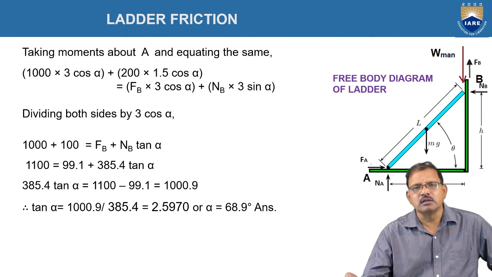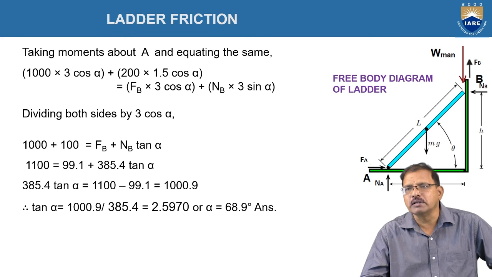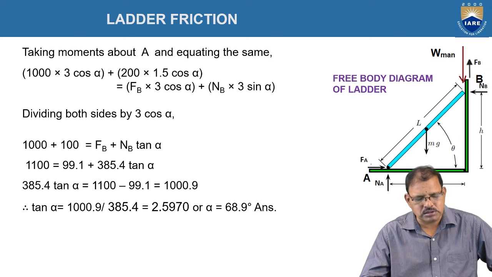Now taking the moments created by all these forces at a point A, and applying the equilibrium condition, that is the sum of the moments acting in clockwise direction should be equal to the anti-clockwise directions.